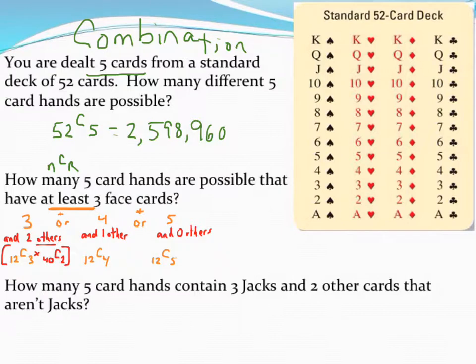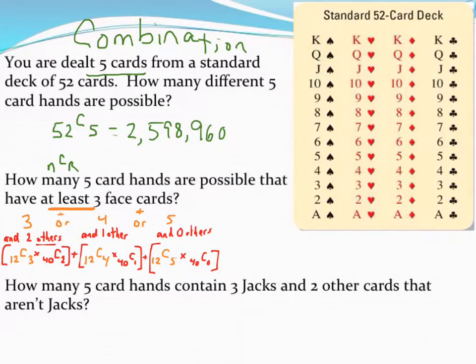There's the different ways I can get 3 face cards and 2 other cards. In addition to that, I told you this one's tough, I can get 4 face cards, and once again, that would mean 1 other card. So of the 40 non-face cards, I want 1 of them. And then finally, the other possibility was to be dealt all 5 face cards, which meant that of the 40 non-face cards, I did not get any of them. Whew, isn't that fun stuff?